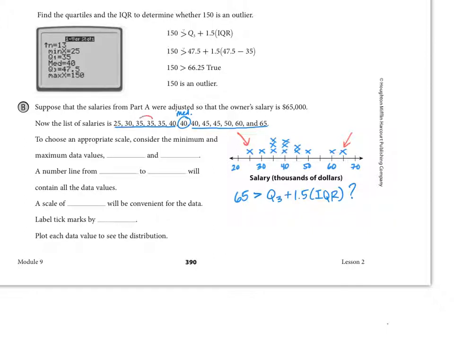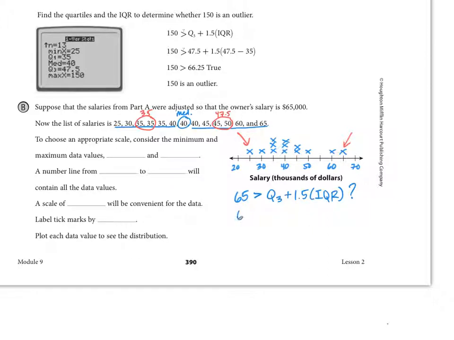I need Q1, which is here. Q1 is 35, and Q3 is 47.5. It's halfway in between 45 and 50. If you're not sure how I got those, make sure you practice from the last lesson or watch that video, lesson 9.1.